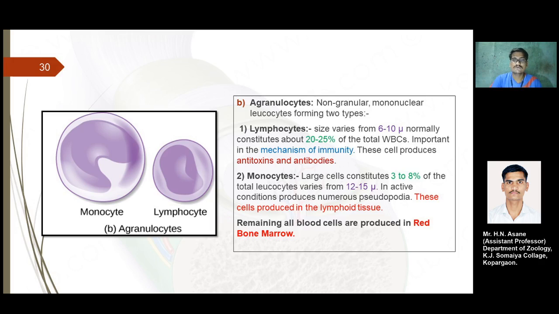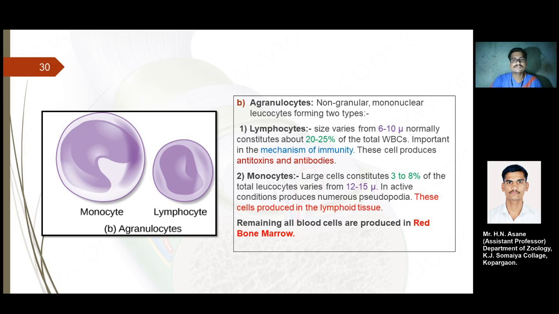Podia means leg, pseudo means false. These are the wandering cells, or migratory cells. If any foreign particle enters, these cells get pseudopodia, and can migrate from one place to another by means of these pseudopodia.